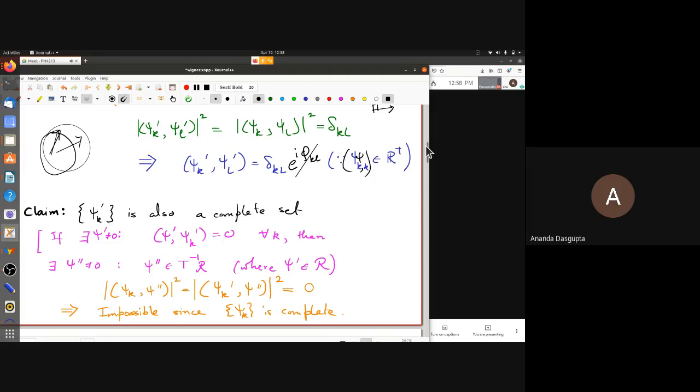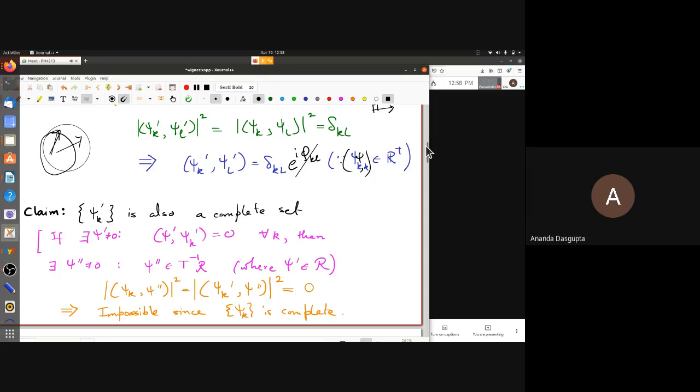How do you prove that? The proof is rather simple. The proof essentially says that if it were not complete, that means there would be some state psi prime which is orthogonal to all the psi k primes, right? Remember, all the psi k primes are orthonormal. So if any vector could be expanded in terms of the psi k primes, then there will be some component in the direction of that vector.